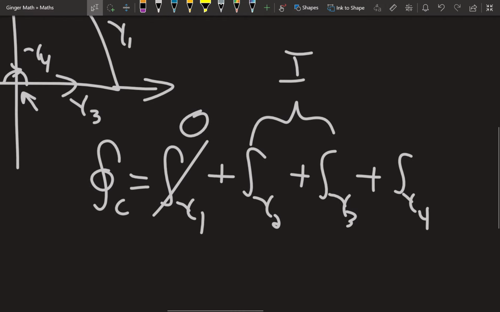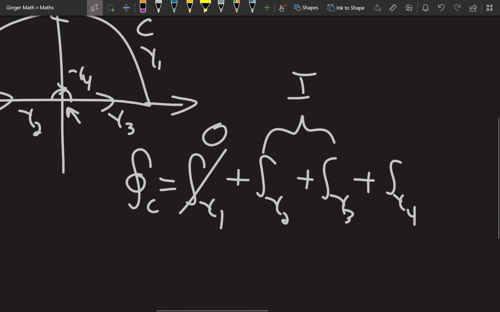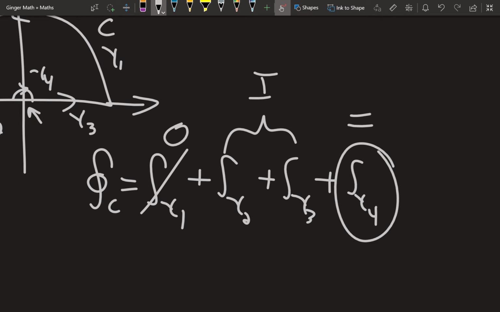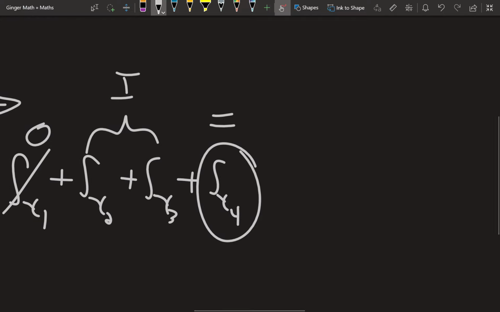So that's the integral we want. But you will also notice that we have this extra little integral over gamma 4 right here. And this right here is actually going to be negative pi i times the residue of f at 0.